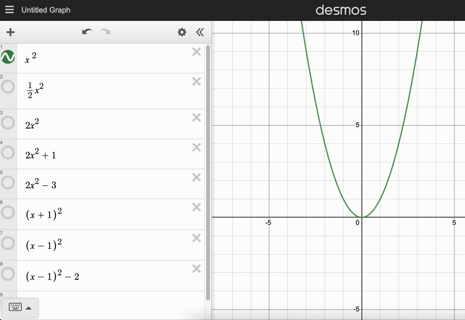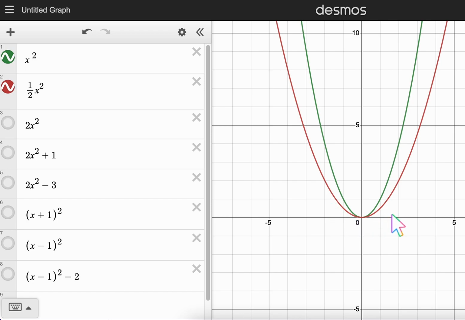Remember that we are trying to figure out how changing that a value, the coefficient in front of the x squared, is going to change our graph. Here is our original y equals x squared. Remember, we have our parabola. So let's go ahead and see how the 1/2 x squared will change our graph. So we're going to turn that on. There you go. That's the red one right there. So go ahead and note to yourself what you notice.